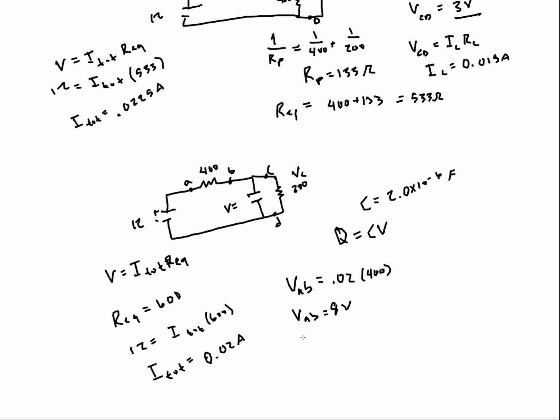Which means that VCD has got to equal 4 volts. So now I can use that voltage and this capacitance to get my charge. If I plug in those values, I get 8 times 10 to the minus 6, and the units on charge are coulombs. So that is a free response for you dealing with circuits.